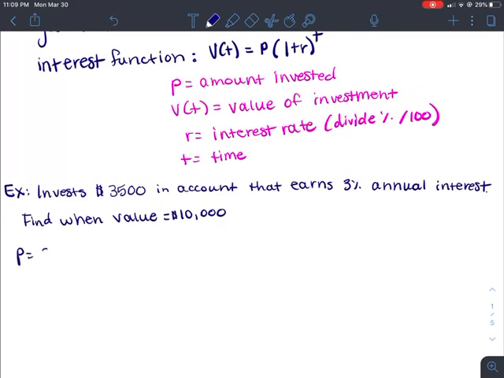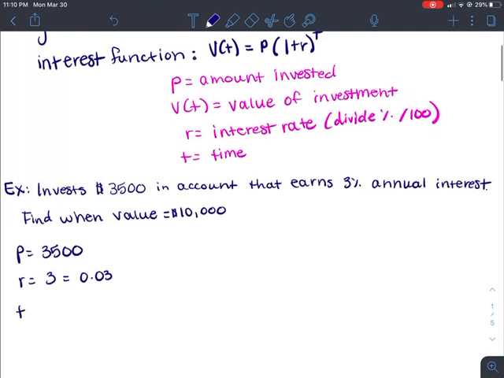P equals 3,500. R equals 3%, which equals 0.03. T equals x because we don't know what that is.